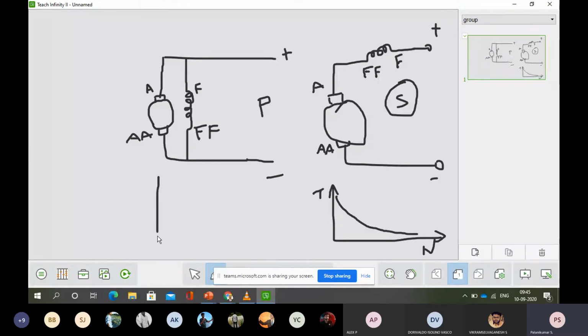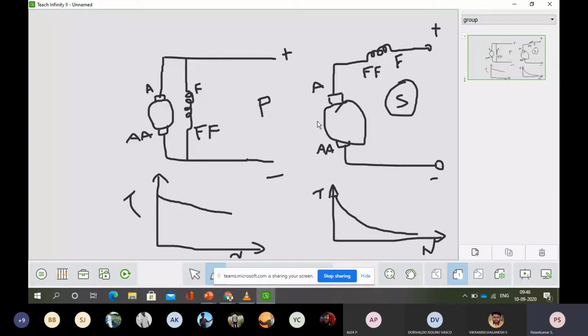But in a parallel connection DC motor, it exhibits only a slight drooping in the torque. It may be like this. Both exhibit very high torque, but as the speed keeps increasing, there is only slight drooping in the torque. Compared to the parallel connection, a very high starting torque is possible with the series connection.